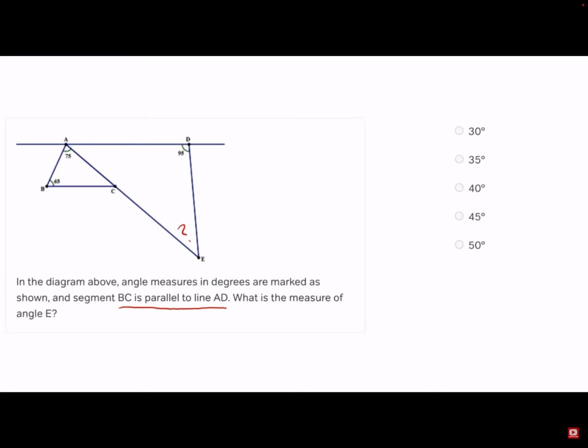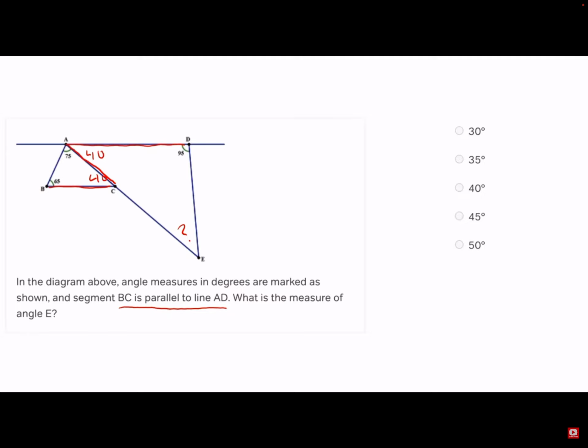This should be 40. Okay, well, using the fact that BC and AD are parallel, we can see that they make this Z shape. So we've got two parallel lines intersected by another line, which means that the angles created by that line are going to be the same as well. So we're going, okay, that is 40, that is 40.